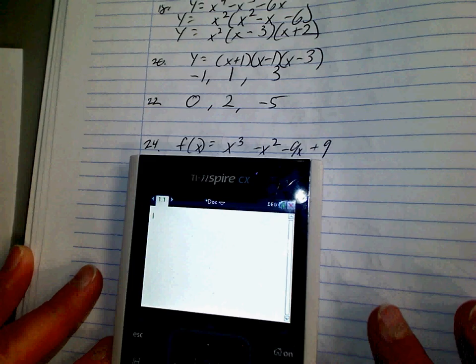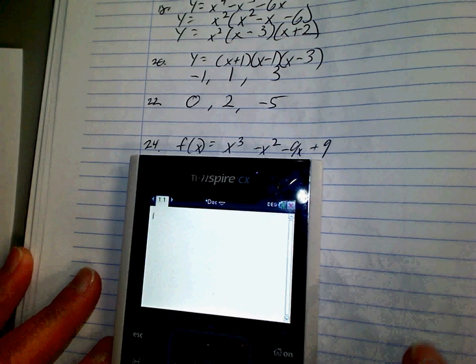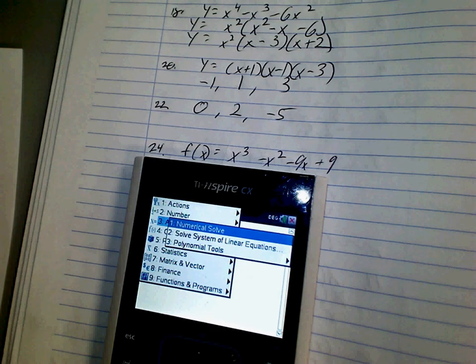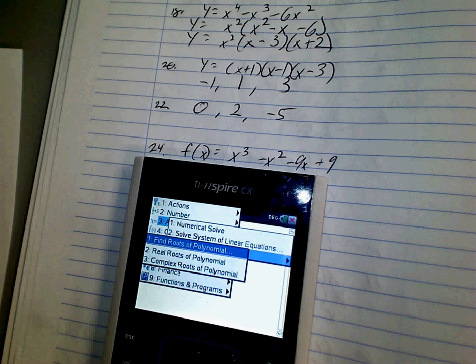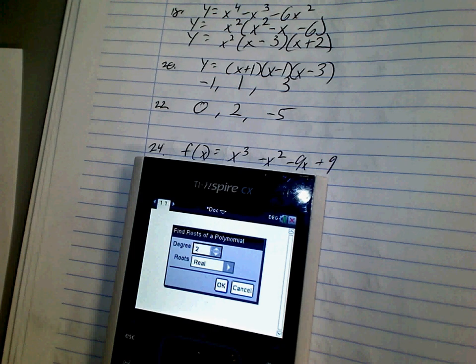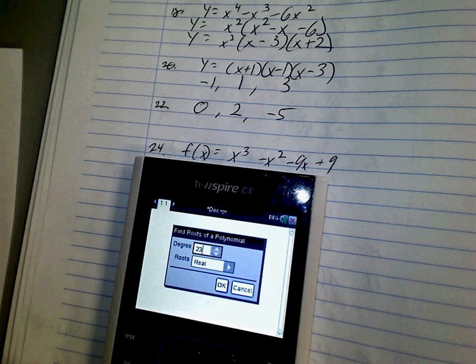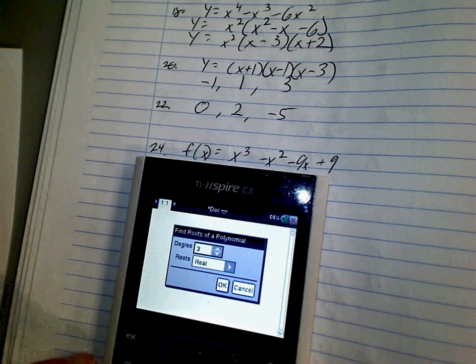Let's see if I can do that. Menu, algebra, polysolve, find roots of a polynomial. What's the degree? Somebody, what's the degree? 3. Real roots.